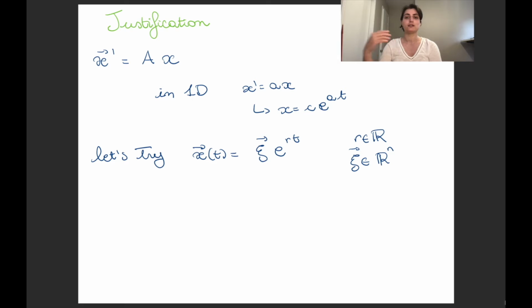And we find that this is a good approach. So we try to find something similar for our solution for our vector problem.